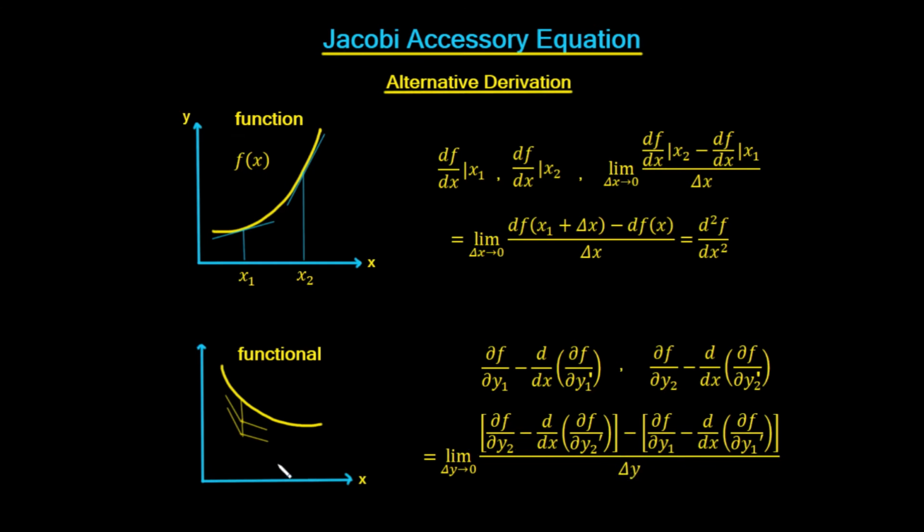This distance delta y would be this small distance here. And we could take the limit as delta y tends towards 0. If we can work out this, then we would be working out the second derivative of the Euler Lagrange equation, which would give us our Jacobi accessory equation.